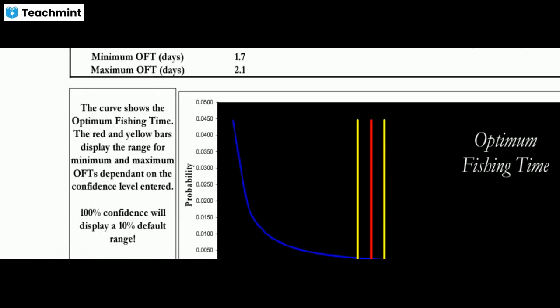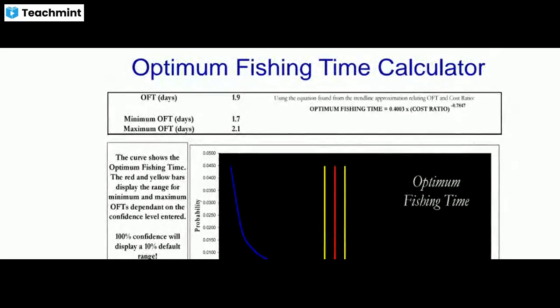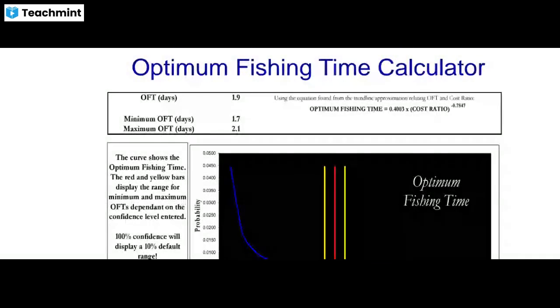So this is your optimum fishing time calculator, OFT. Minimum OFT in days and maximum OFT. So optimum fishing time equals 0.4003 times cost ratio to the power of minus 0.7847.